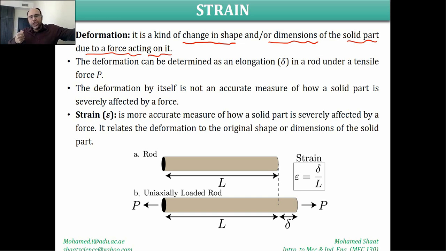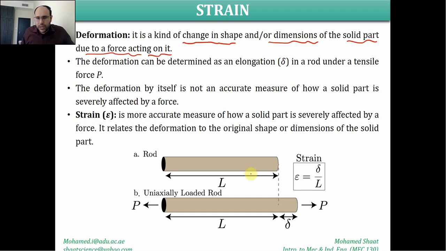It's going to increase the length of this bar because of the applied force, as already shown here in these two diagrams. This is the bar with an original length L, and upon applying some forces, it will be stretched. So this delta is the difference between the original length and the new length after the force.